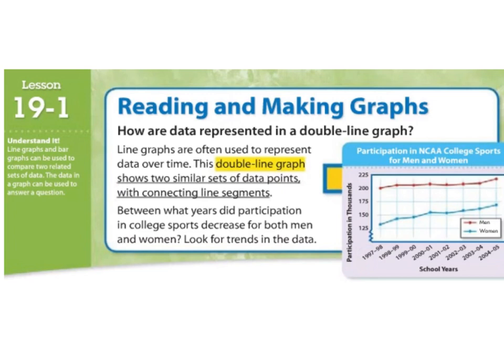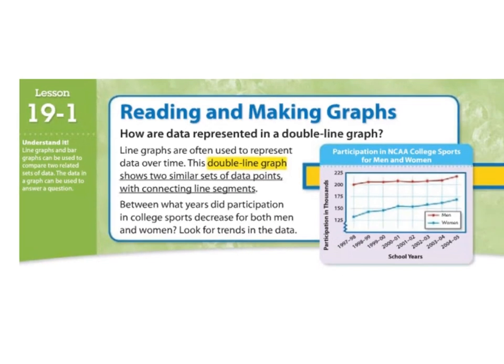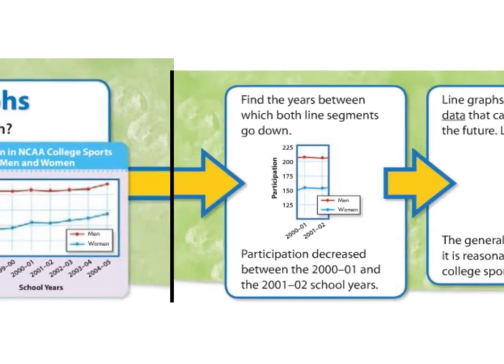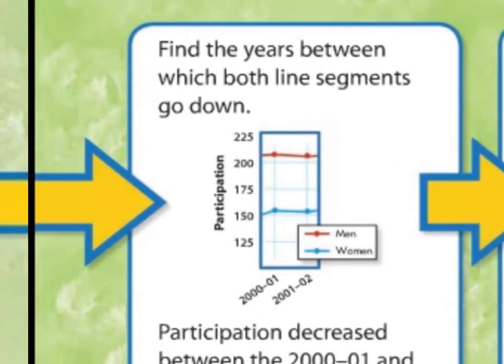Once we kind of understand what these graphs are, then we can answer questions about them. Between what years did participation in college sports decrease, which means go down, for both men and women? And we're going to look for when they both went down. This is just a smaller version of the same graph in a specific place.